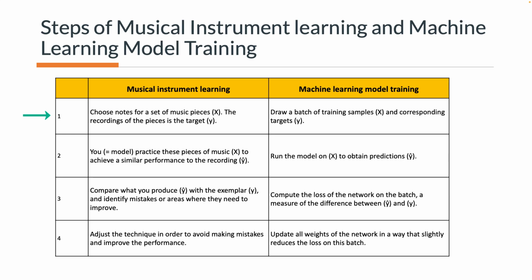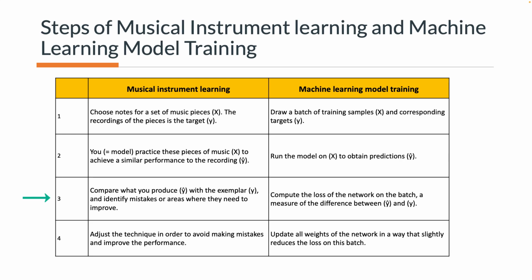Those notes are X. The recording of that piece is the target, which is Y. Then you, who represent the model, practice these pieces of music to achieve a performance similar to the recording that you hear. So your output when you play a cello or piano, for example, is Y cap, but when Beethoven played the piano, that would be like Y. So that is your target.